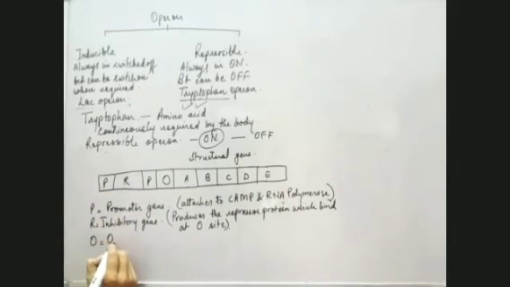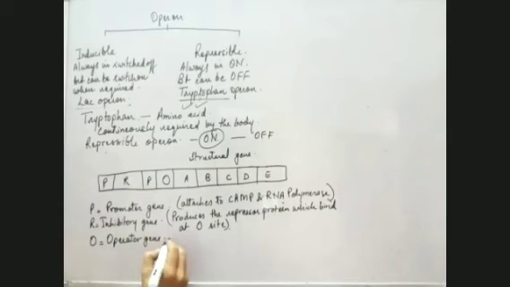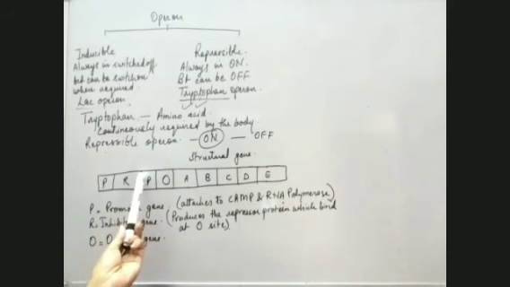Then we have O. This is the operator gene. And what does this operator gene do? It binds with the repressor protein to stop the sliding of RNA polymerase, which is attached here.